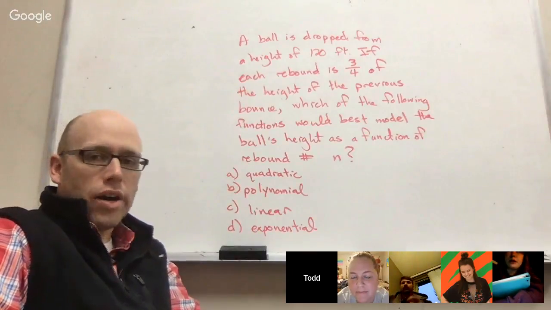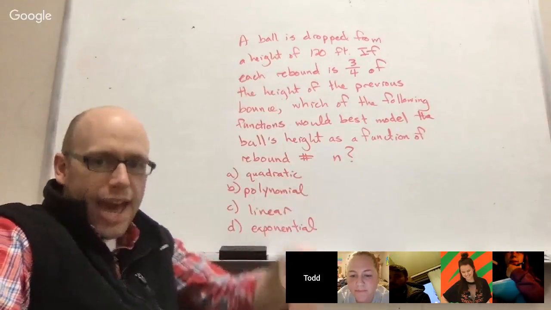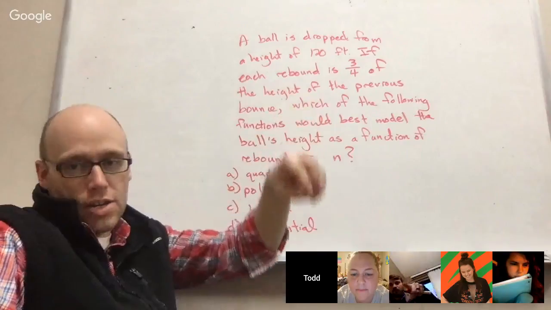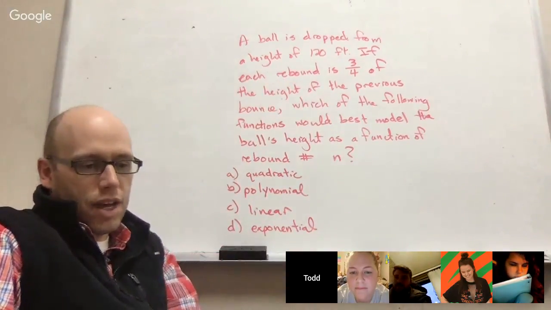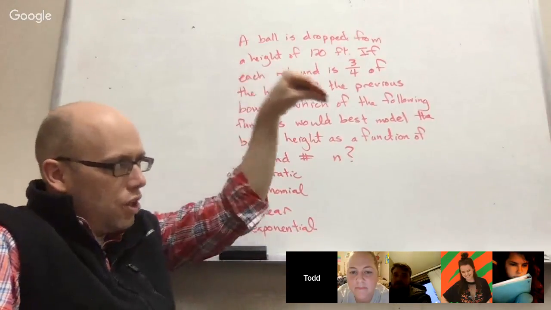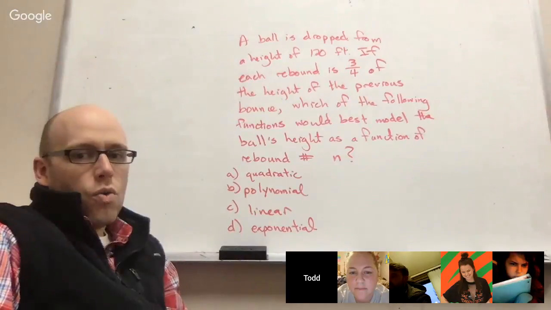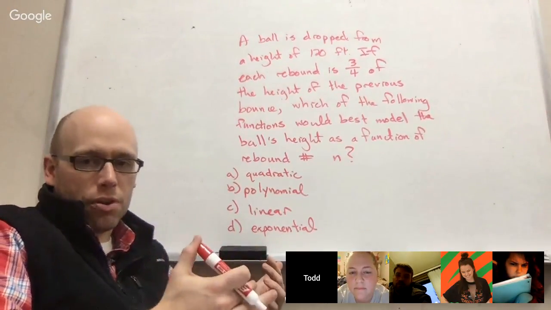If you were to model the height as it drops, where it's being acted on by gravity, that would be a quadratic function. You would see the height falling more slowly and then increasingly fast as it goes on. What we have to be really thoughtful of here is what are our inputs and outputs.